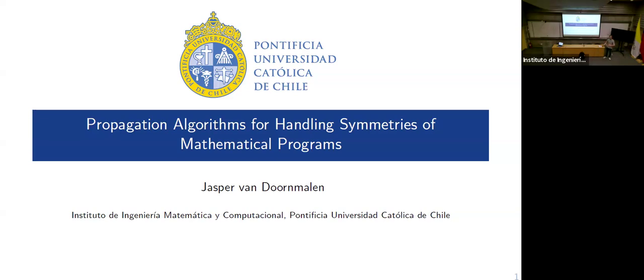The presentation will start with a small example of a mathematical program and how to solve this. You can actually see that the symmetry there is causing some problems if you would like to solve it in a computational way. Then we turn to the symmetry handling methods that are more or less traditional, that many people are using.